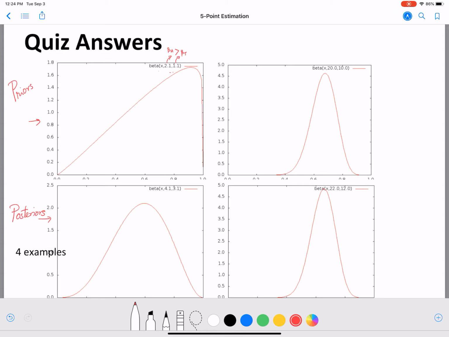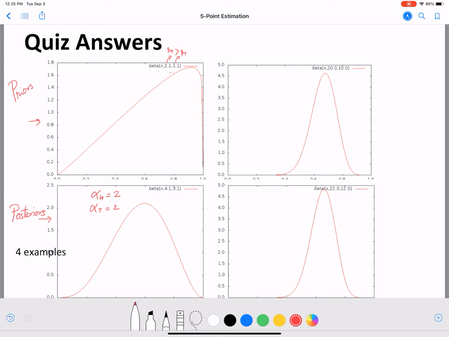And for the posteriors, we see that we have beta of 4.1, 3.1 after adding alpha h and alpha t. Alpha h is equal to 2, alpha t is equal to 2.